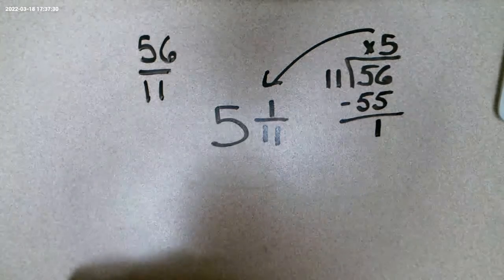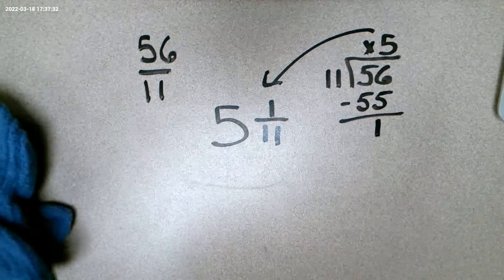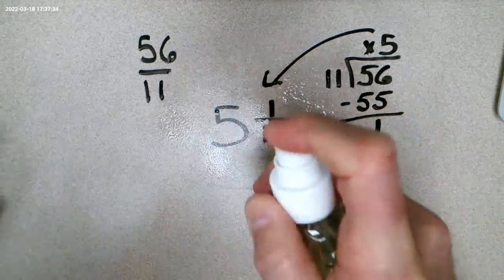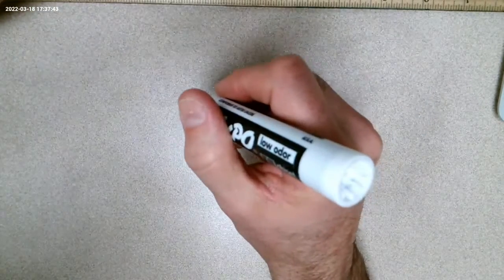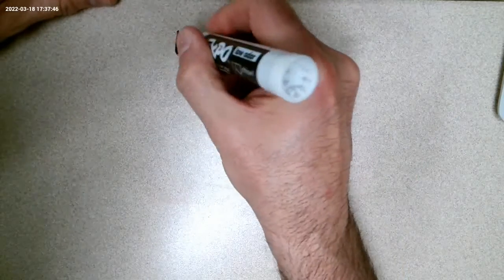Okay, there's a remainder. Now here's my whole number. The remainder goes as my new numerator, and the denominator stays the same. So that's a speedier way to do it. It does take a little bit of mental math, but that's the quickest way to do it.